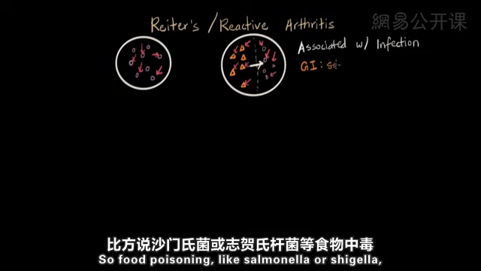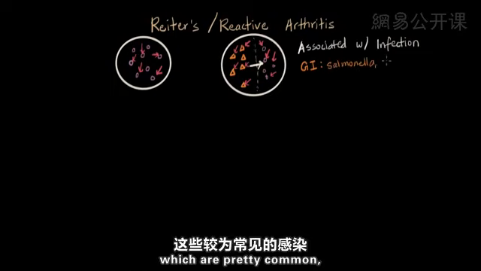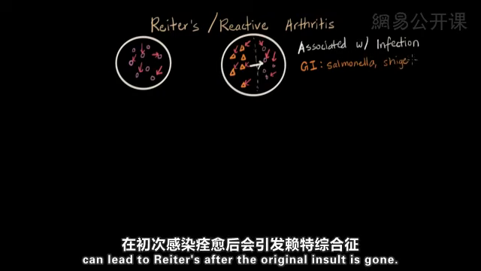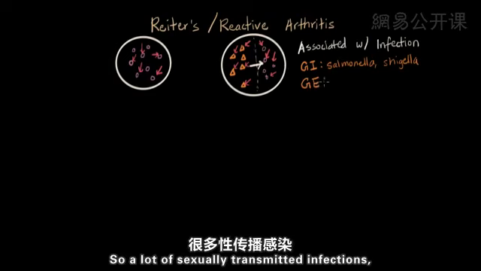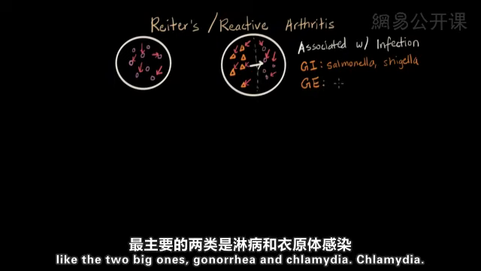Food poisoning like Salmonella or Shigella, which are pretty common, can lead to Reiter's after the original insult is gone. Then we have genitourinary, a lot of sexually transmitted infections, like the two big ones, gonorrhea and chlamydia.